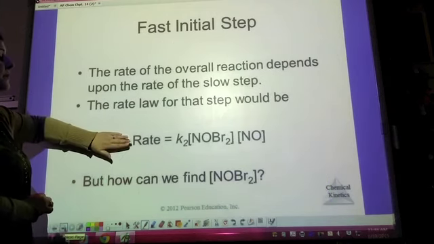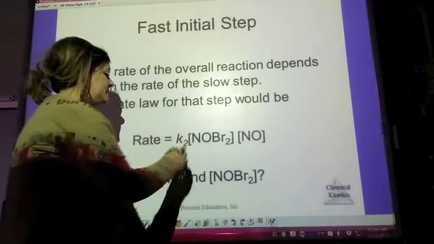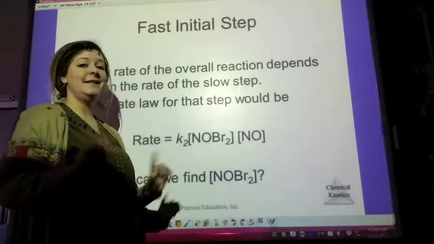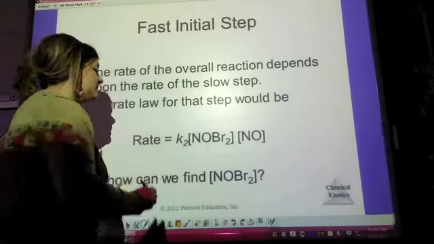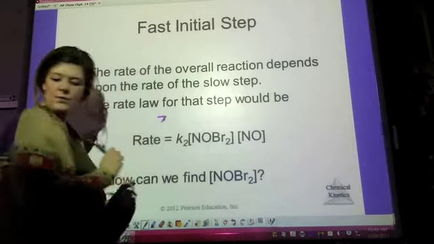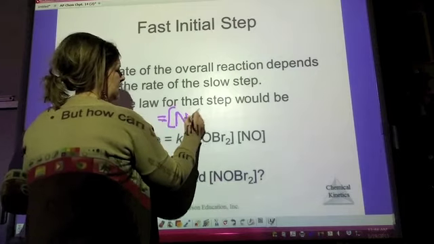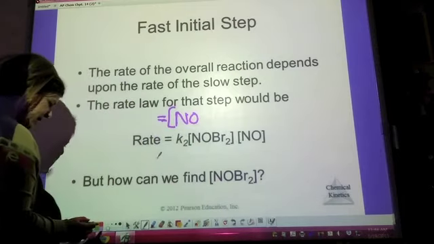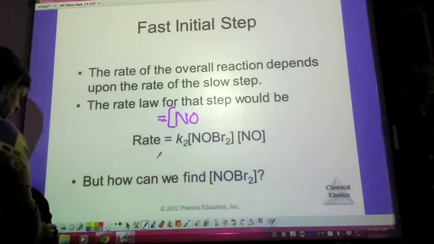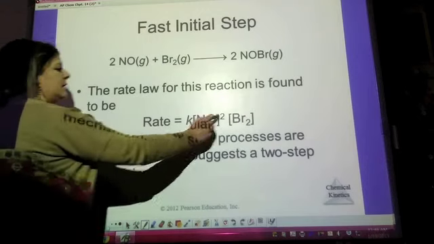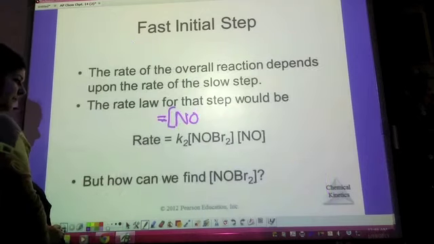Okay, so like we just said, we found our rate to be equal to this based on the slow step. That doesn't fit with what we found experimentally, because remember, experimentally we found the rate equals K times NO squared and then Br2.